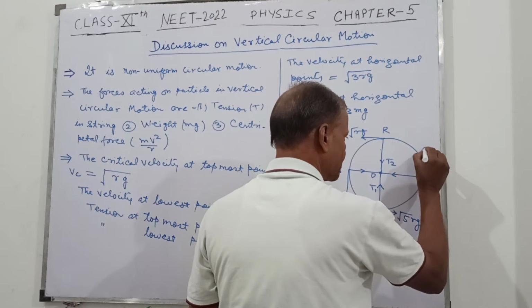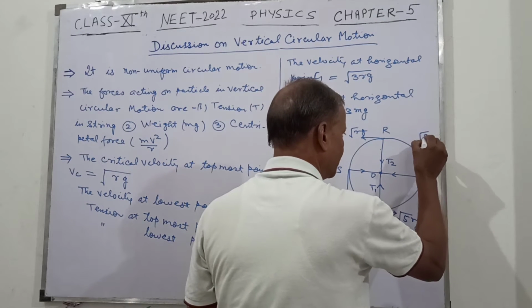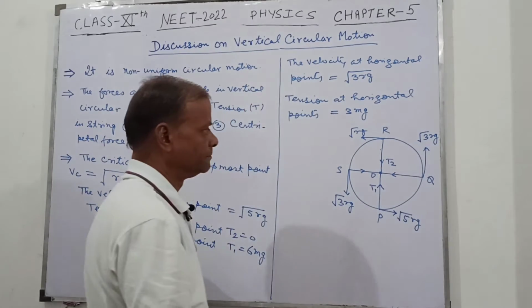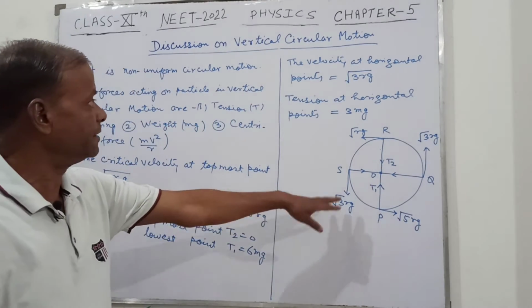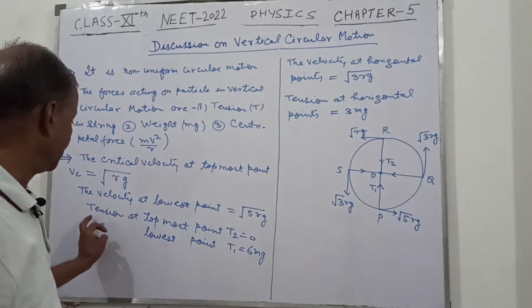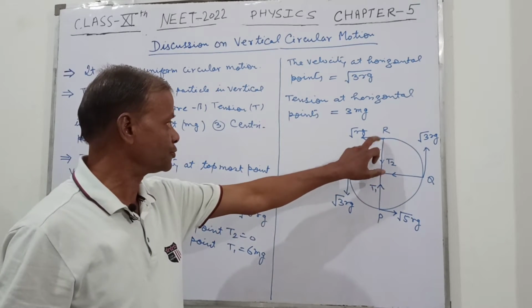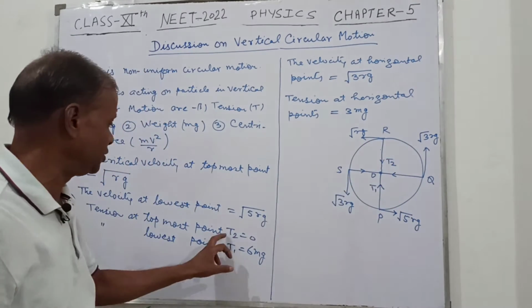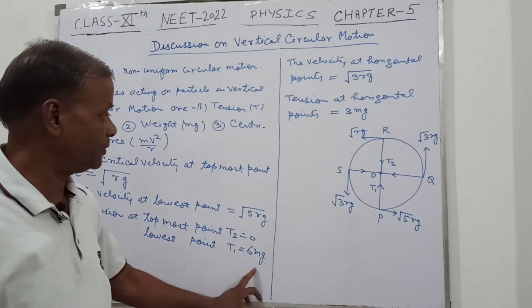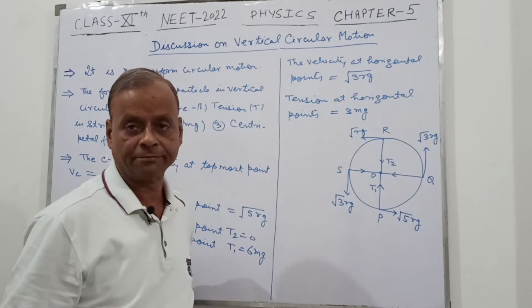Here the velocity is square root of 3 rg, and here also the velocity is square root of 3 rg. The tension at the topmost point R is T2 equal to 0, and at the lowest point it is equal to 6 mg.